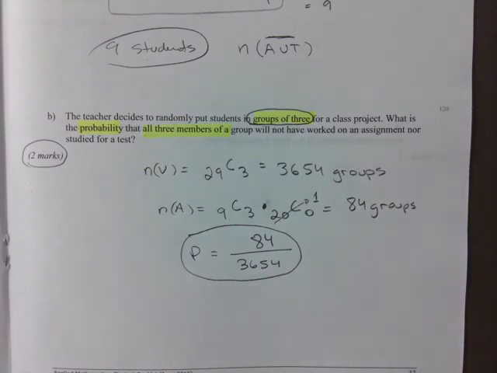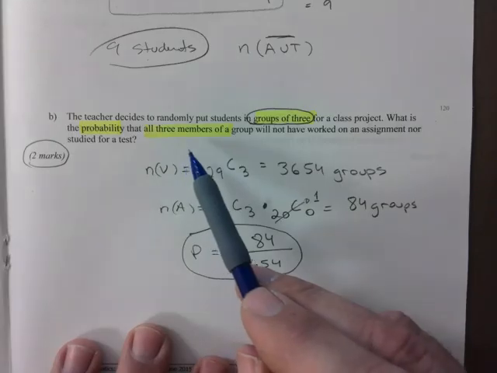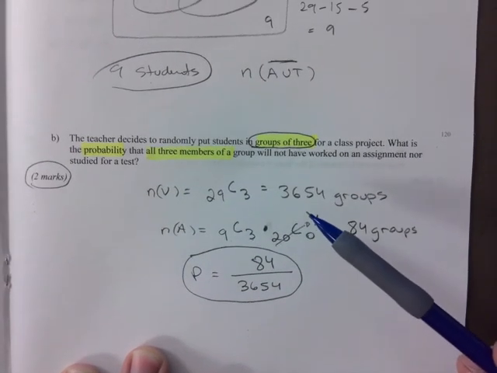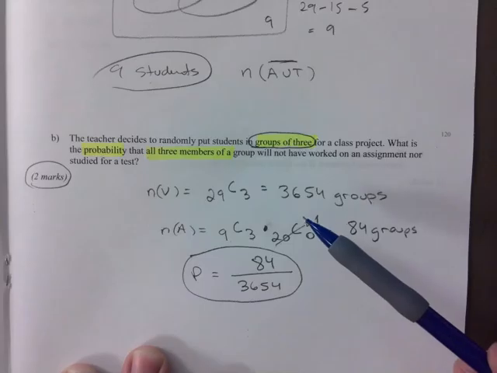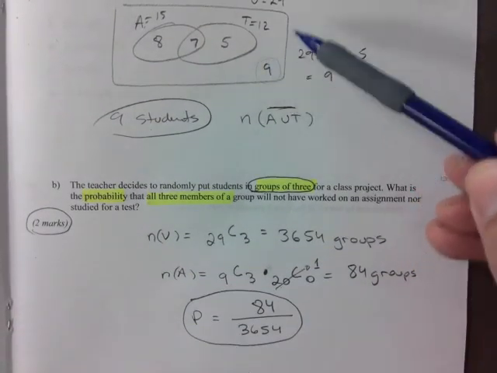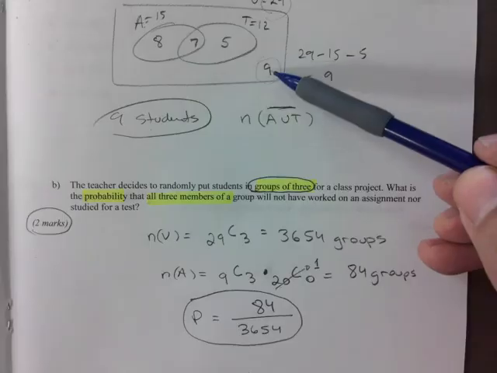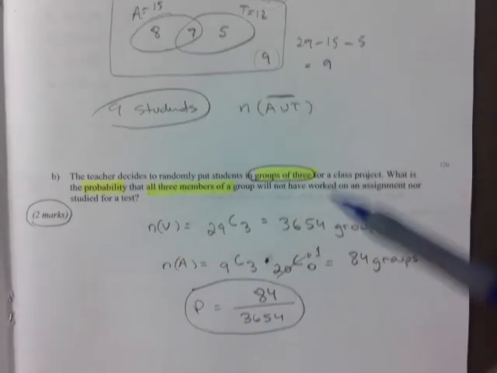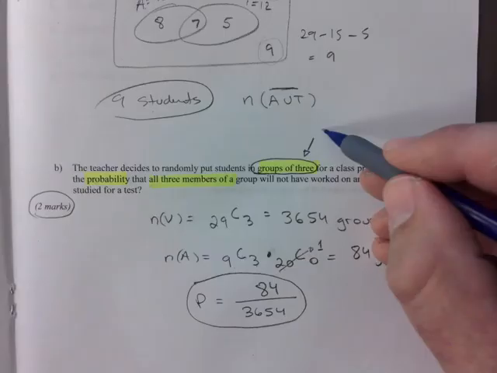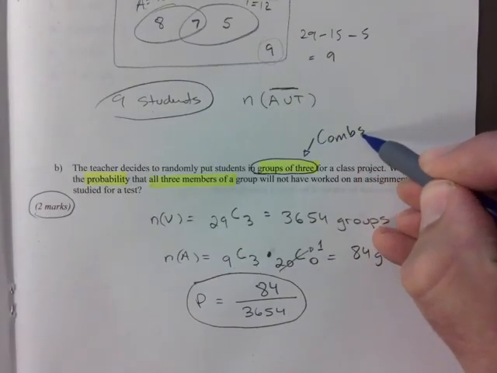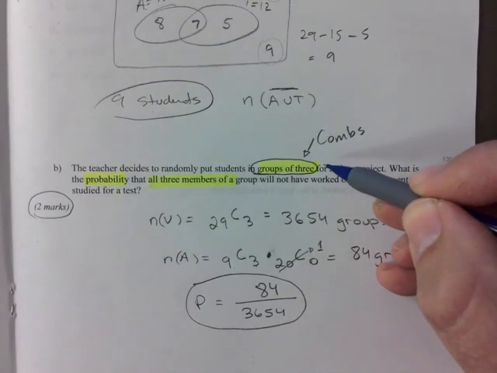And I want to say something about this one once you're done writing this down. If it says what's the probability that a student didn't study for any of them, then it would have been as simple as 9 over 29, right? That's just a probability. But because of this, making groups, it's taking it to another level.